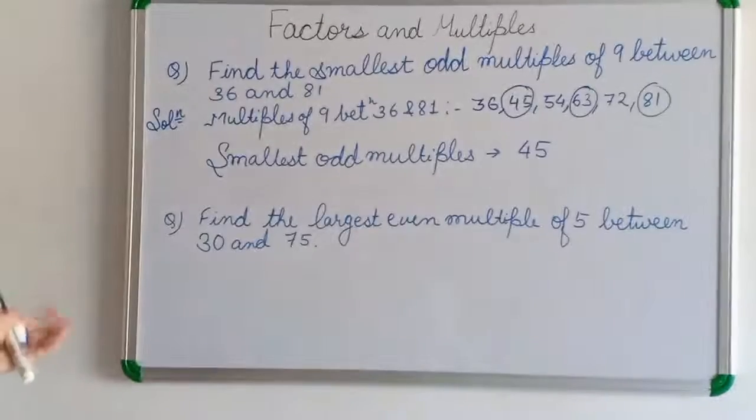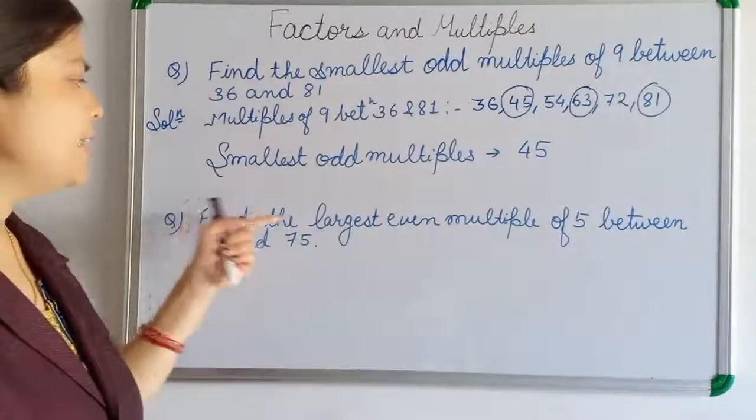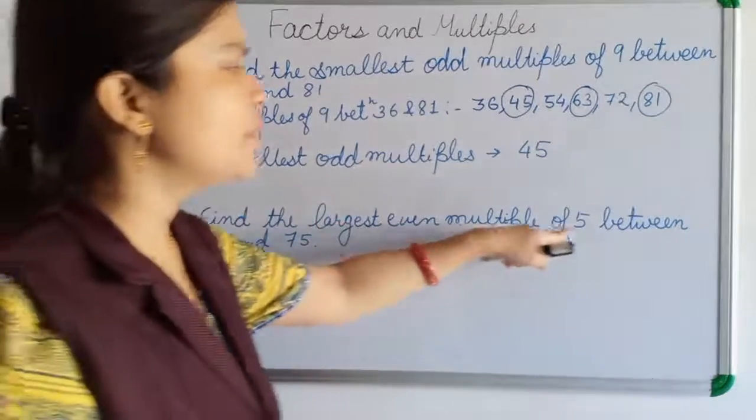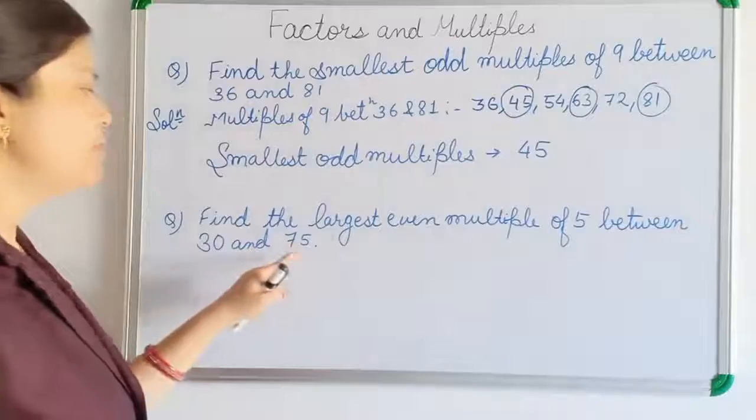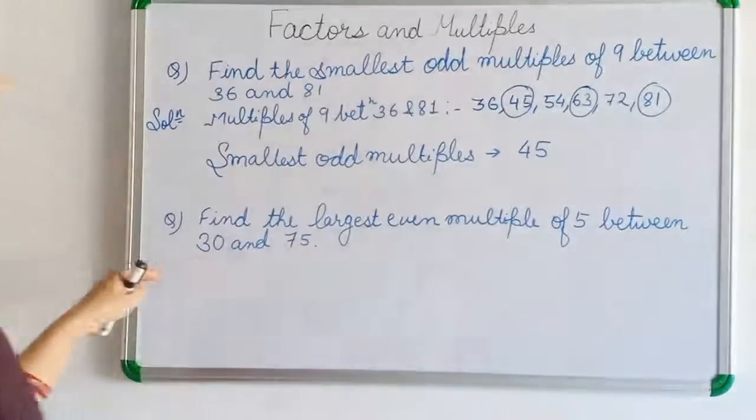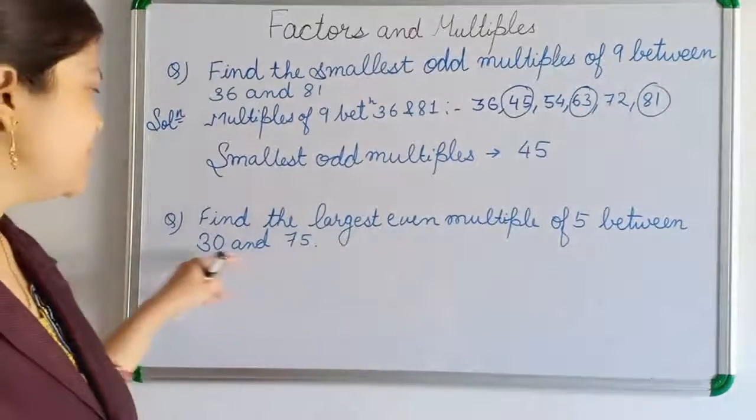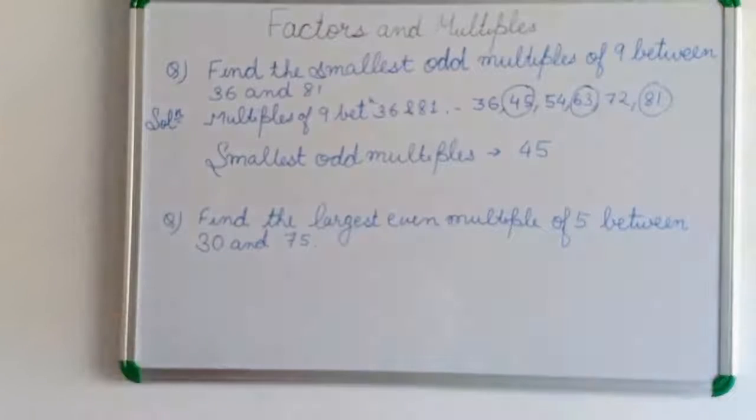Okay. Similarly, here is also a question, find the largest even multiple of 5 between 30 to 75. So first we will write all the multiples of 5 between 30 and 75. Same way we will do here.